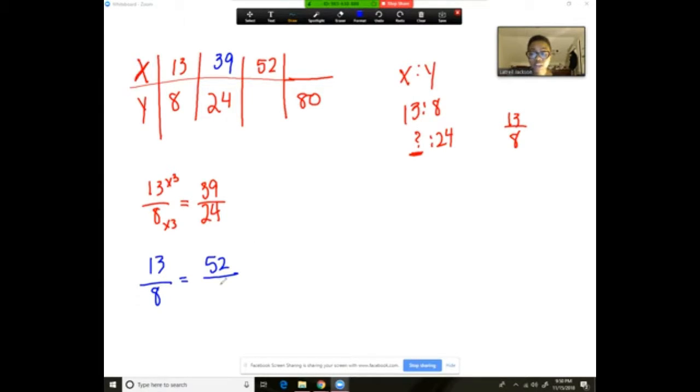And we got to figure out what the denominator is going to be. Well, the question we need to ask is, what times 13 is 52? 13 times 4 is 52. So if 13 times 4 is 52, we got to do 8 times 4 also. And 8 times 4 is 32. So that's what goes down here.